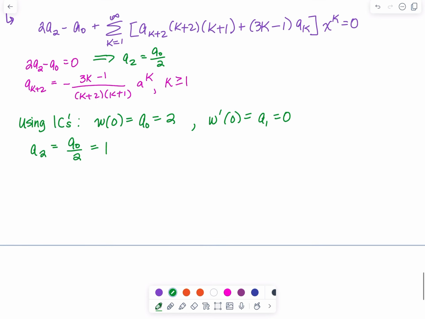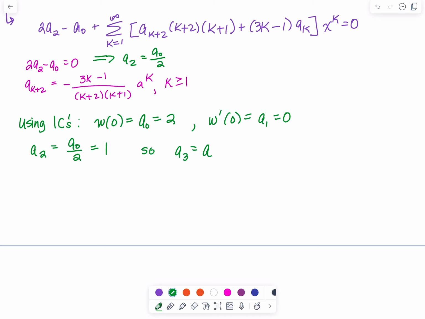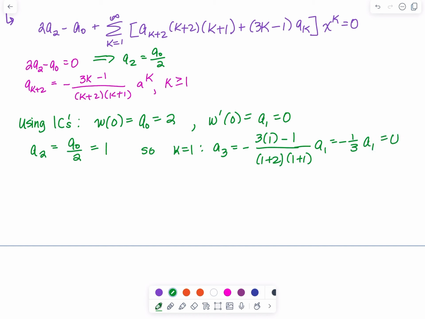So now we can compute a sub 3. Of course, we're going to let k equal 1 here. We have a sub 3 is equal to the opposite of 3 times 1 minus 1 over 1 plus 2 multiplied by 1 plus 1, all multiplied by a sub 1, which is negative 1/3 a sub 1, and that's going to be equal to 0.